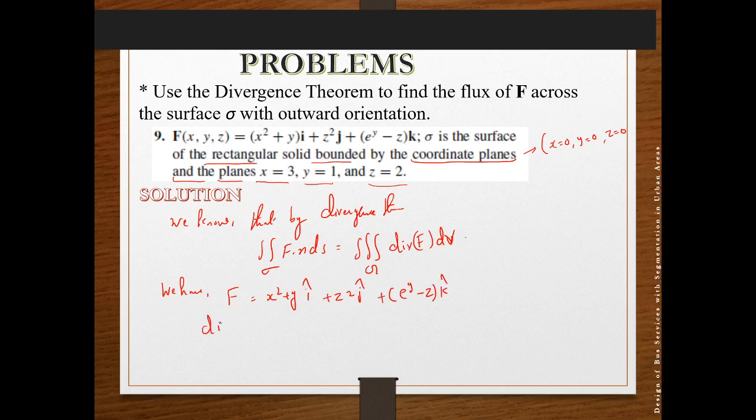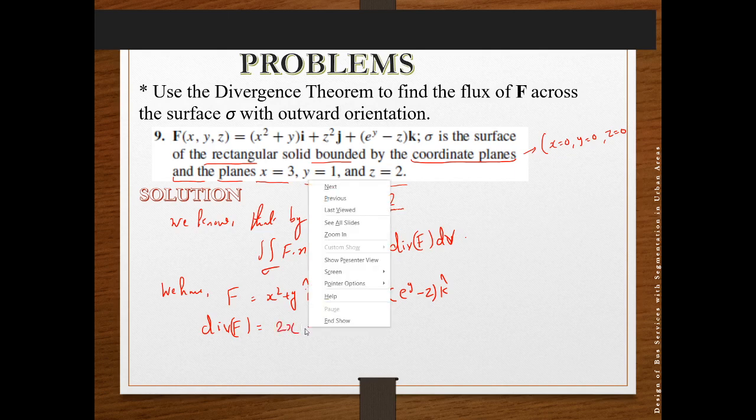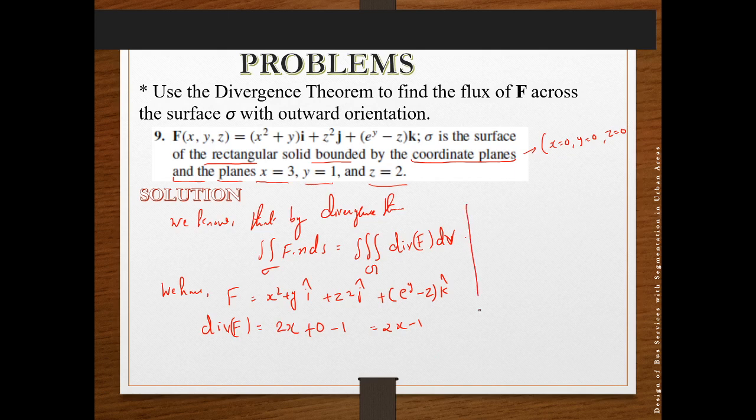Now tell me, what is the divergence of f? 2x plus 0 plus 0 minus 1, right? E raised to y minus z gives minus 1. So that is equal to 2x minus 1. Got it.